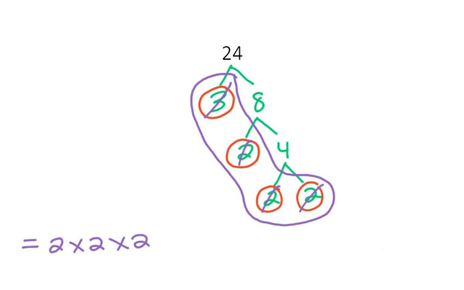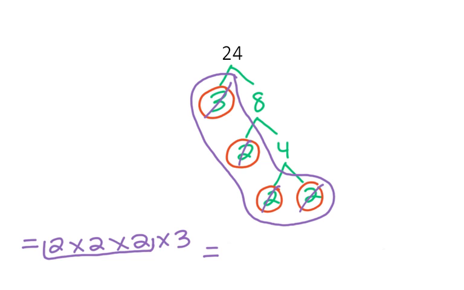And don't forget that 3 times 3. So the product, remember that product means multiplication of its prime numbers. Another way of writing this, remember, if you have the same number multiplied several times, like in this case 2 times 2 times 2, we can write it with an exponent.